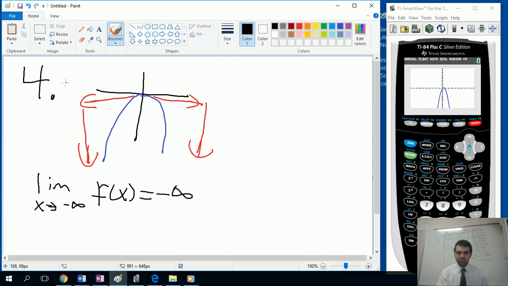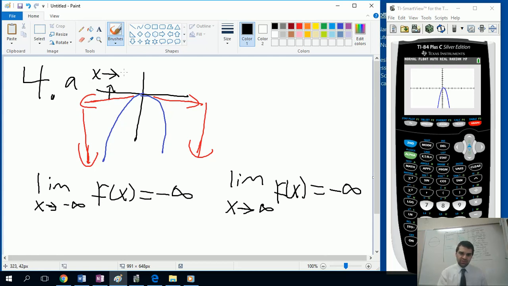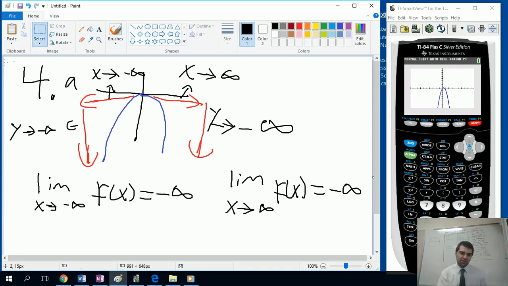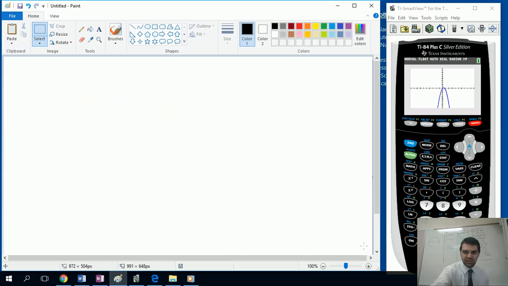And the limit as x approaches infinity of f of x is going to be equal to -infinity as well. So that's the gist of how you can do end behavior for limits to infinity.